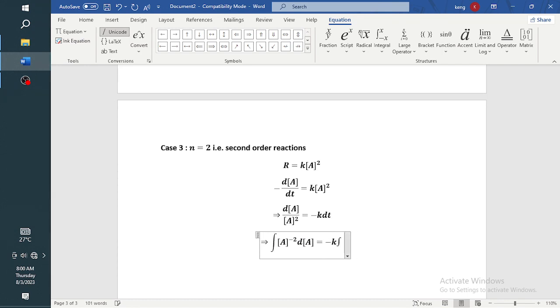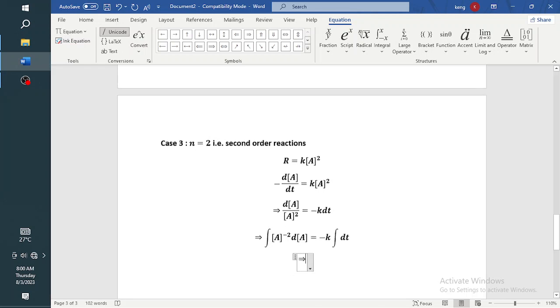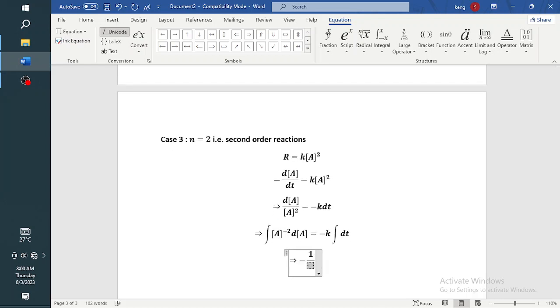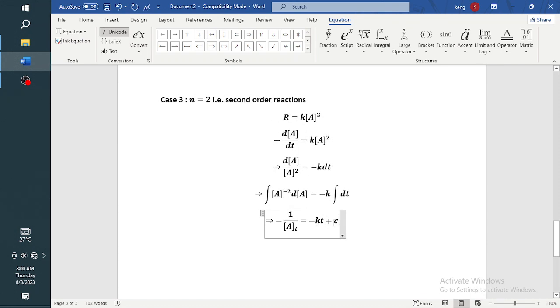k integral of dt. Okay, so from here, if we integrate this, we just have negative 1 over the concentration at time t, and here we have negative kt plus a constant of integration. So here's a relationship between them.